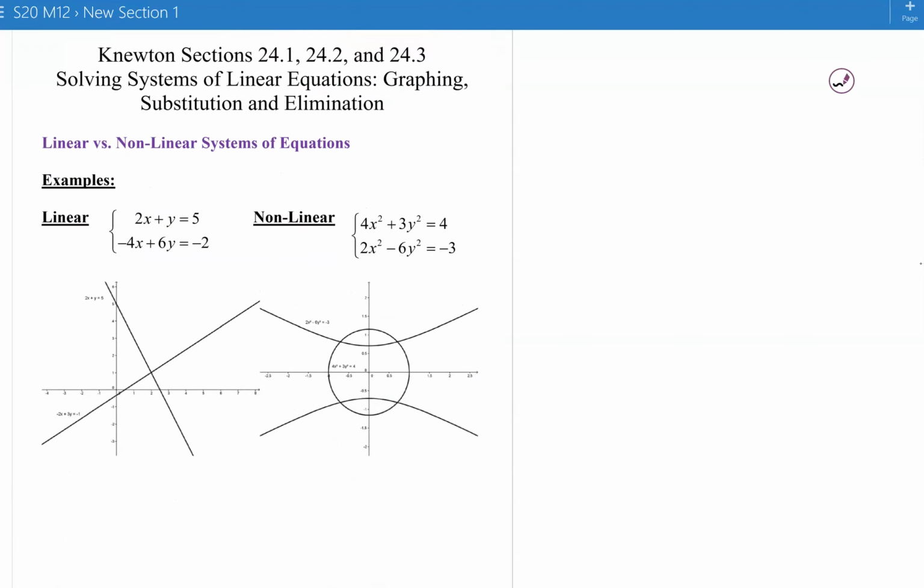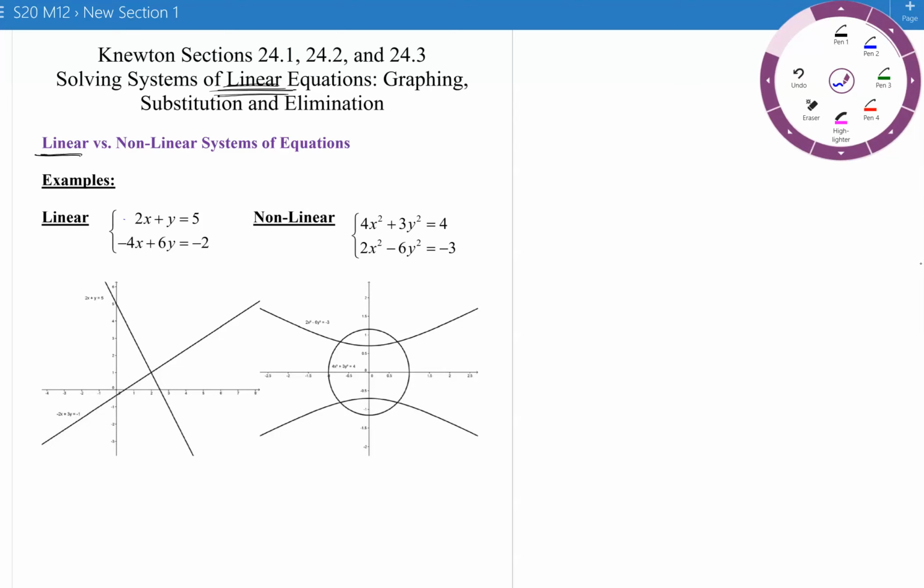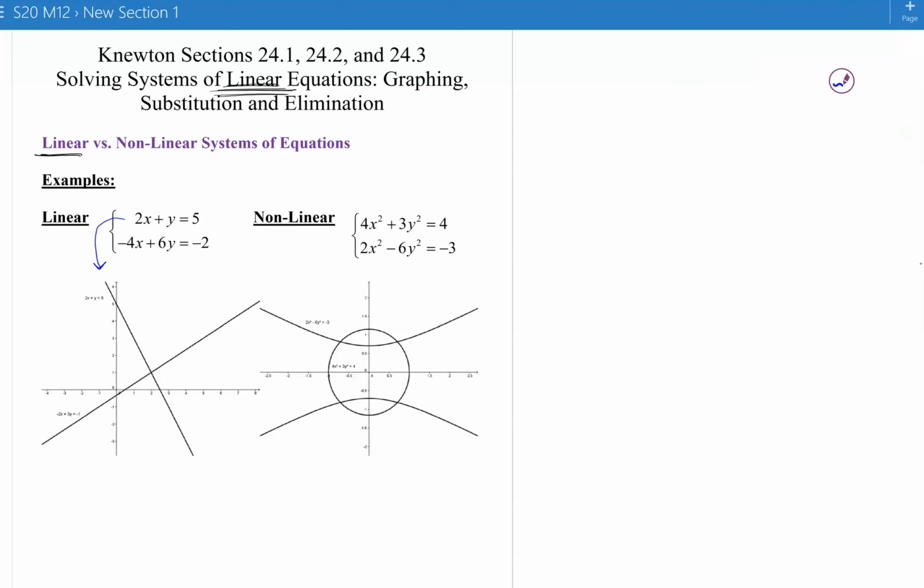So notice that we're just talking about linear equations in this section. We will talk about nonlinear a little bit later. But linear refers to straight lines. So notice that this system of equations is two straight lines, and we're looking for the point of intersection of those two straight lines.